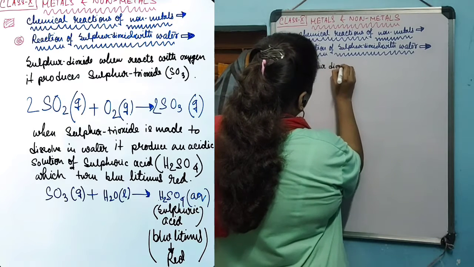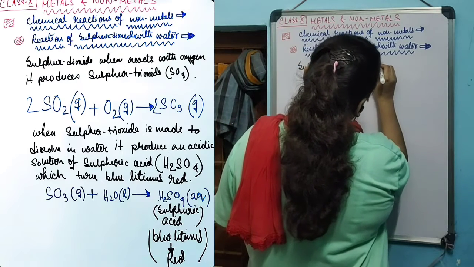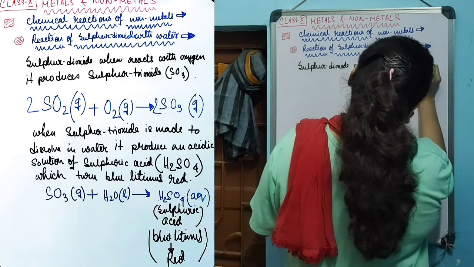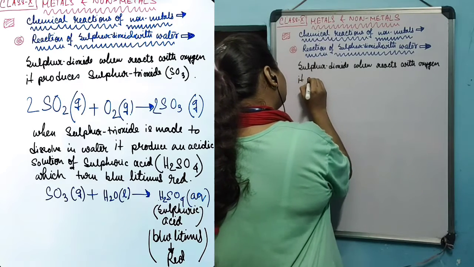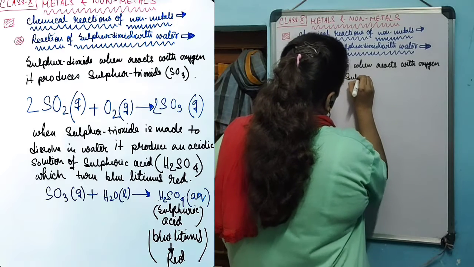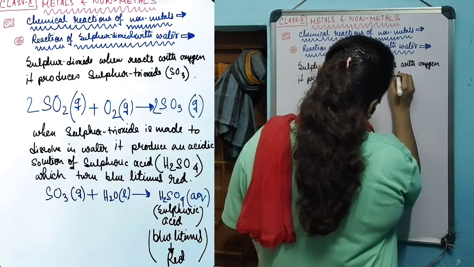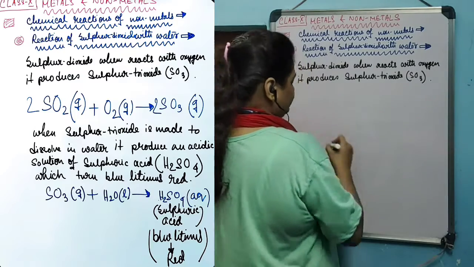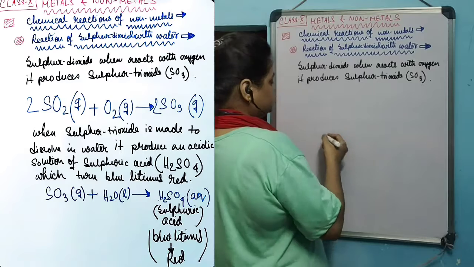Sulfur dioxide, when it reacts with oxygen, produces sulfur trioxide. SO3 is the chemical formula of sulfur trioxide. Let's see how the chemical reaction is going to happen.